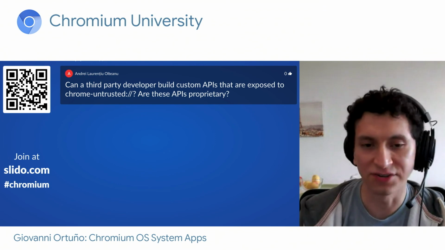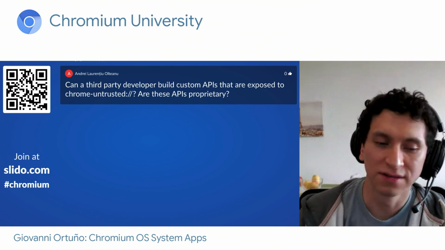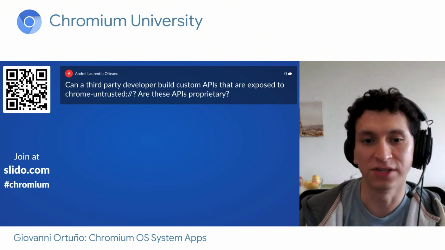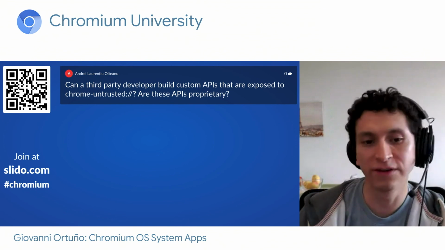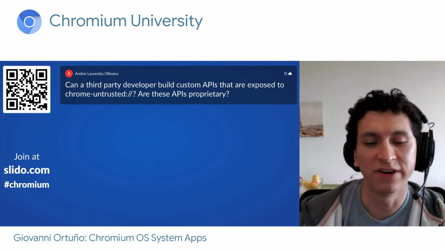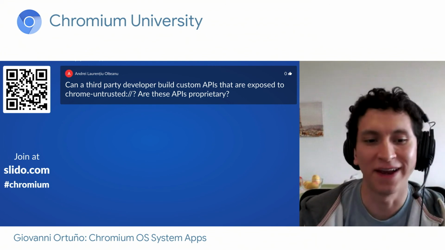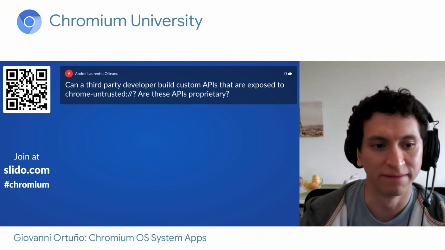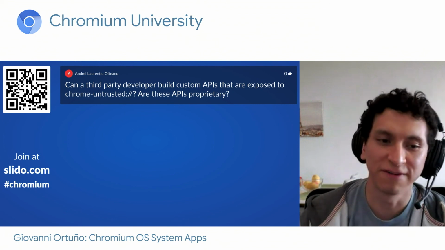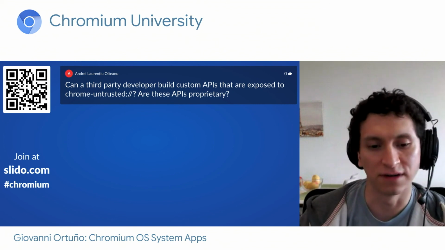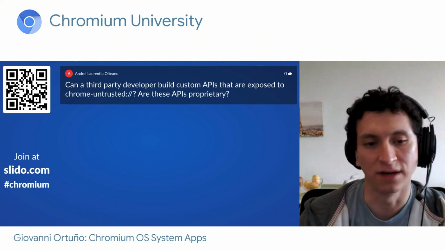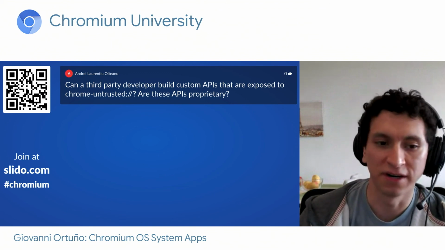These are apps that are shipped with Chrome OS. So these are mainly built by Chrome engineers. You could fork, if you build your own version of Chrome OS, you can implement your own system web app and add any APIs that you want there. So this is more of a platform target for Chromium developers more than for third-party developers.